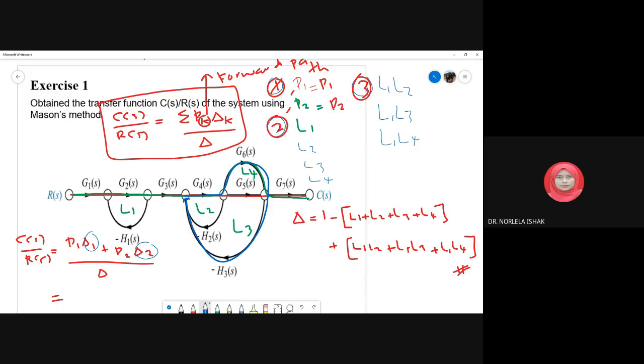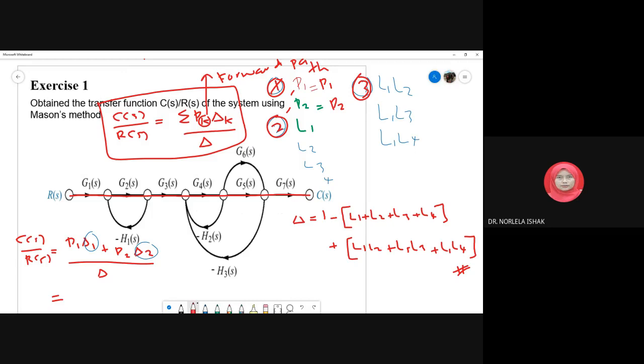What does that mean? Okay, for example, how to define the cofactor. So where is our cofactor? Meaning cofactor number 1, this one, right? This is our cofactor number 1.